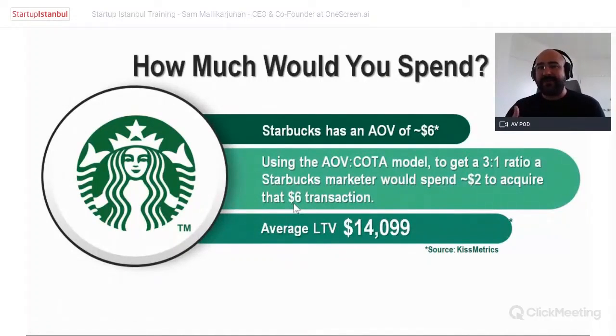But because of how good Starbucks is at getting people to come back over and over, their average lifetime value, when this study was done by Kissmetrics, was $14,000. So if you're a Starbucks marketer, you're not spending $2 to sell a $6 coffee and sandwich combo. You're spending like $2,000 or $3,000 or $5,000 to acquire and retain a $14,000 customer.